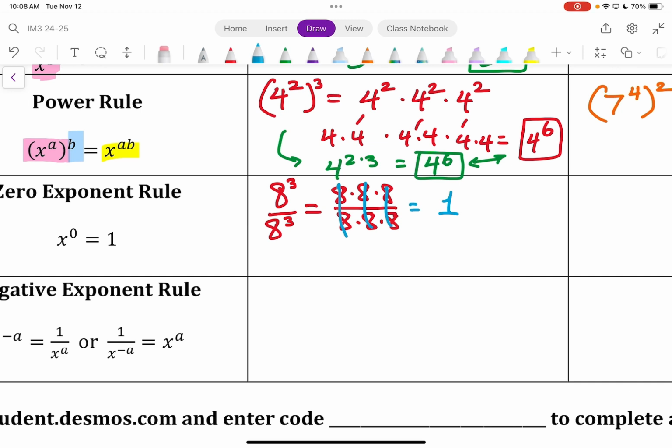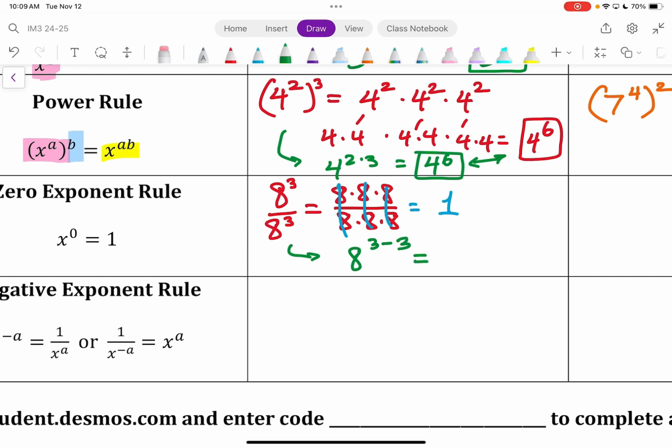Now you might be wondering, well, this doesn't make sense. I don't see any 0 exponents here being applied. Well, not yet. But what if instead of expanding the exponents, I just went directly to using the quotient rule? 8 to the 3rd over 8 to the 3rd is the same as 8 to the 3 minus 3 power.